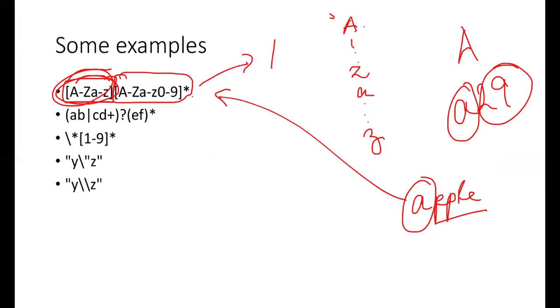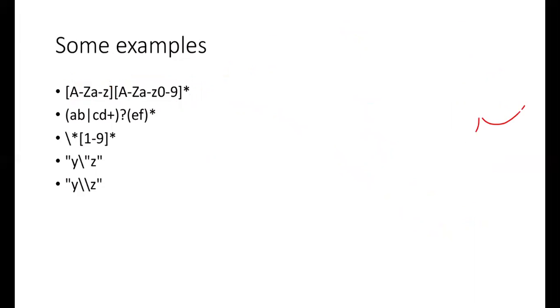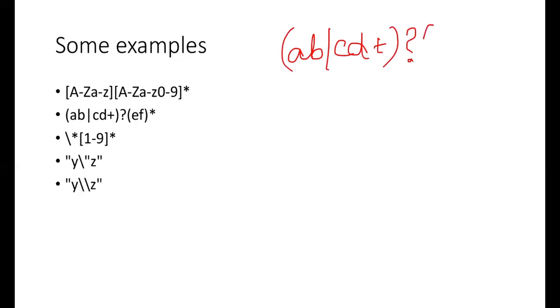For the second expression, you can see it says AB or CD plus, and there is a grouping, question mark, E F star. First look at this group.